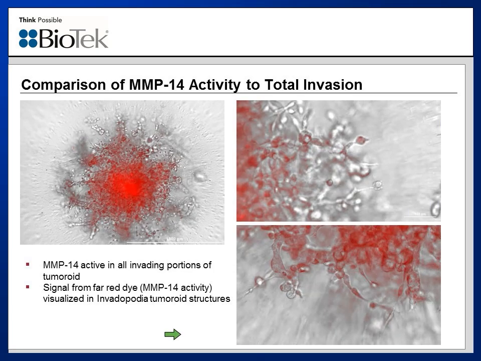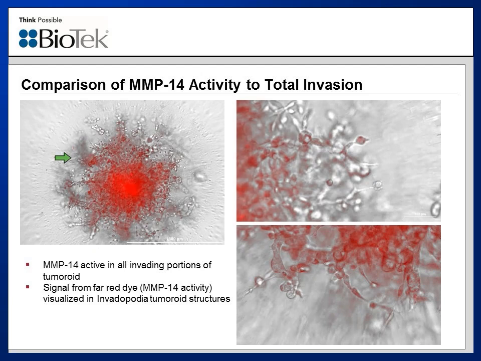As matrix metalloproteinases have been shown to be active in the invadipodia portions of the tumoroid structure, specifically MMP14, we also compared the total coverage of the observed signal from the dye to that of the complete structure by overlaying the Cy5 and bright field images, which is what you're seeing in the image here.